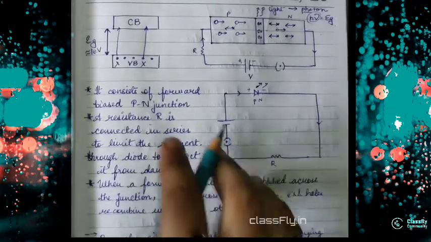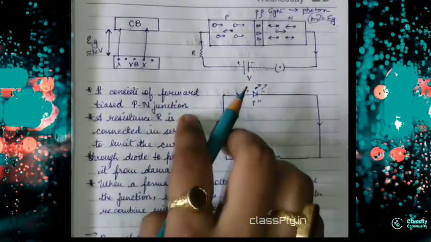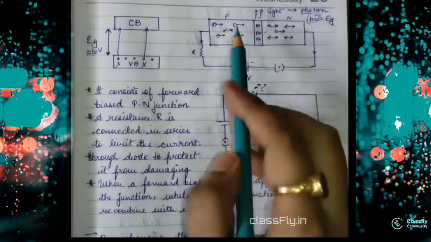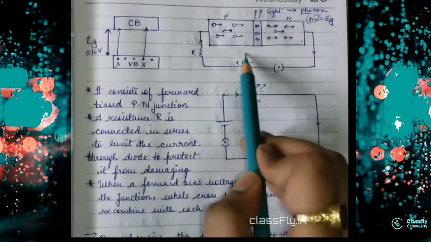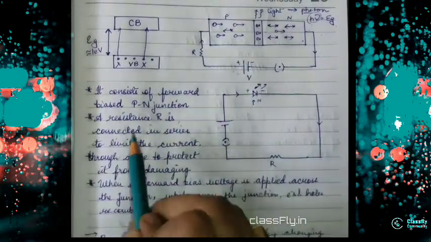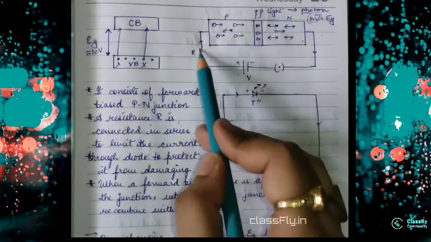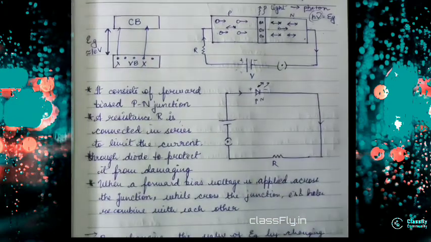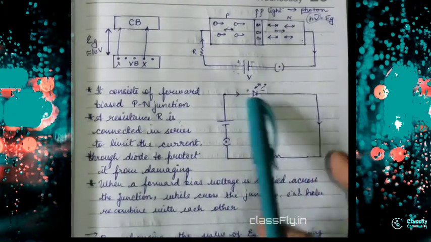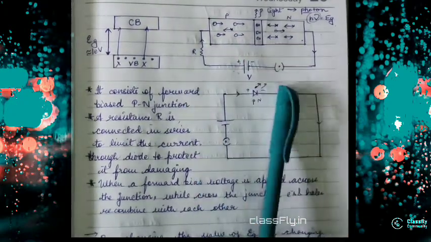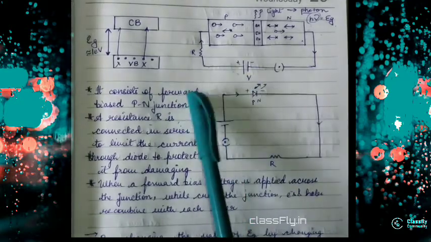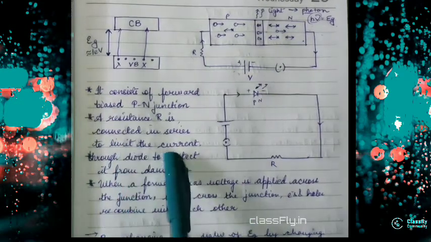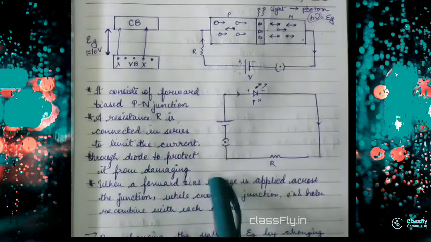So it consists of a forward biased PN junction. A resistor R is connected. Why is this R connected? Because if over current flows, that is, more current, it can damage the LED. So to not damage the LED, we have put a resistance here to limit the current through the diode and protect it from damage.